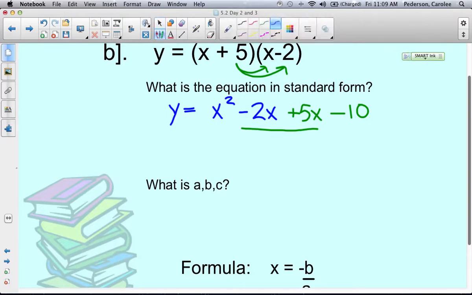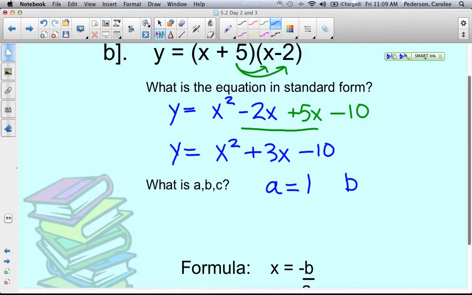So my equation is y equals x squared plus 3x minus 10. So we've converted out of factored form to standard form. We need to find the value of a, which is 1, the value of b, which is 3.